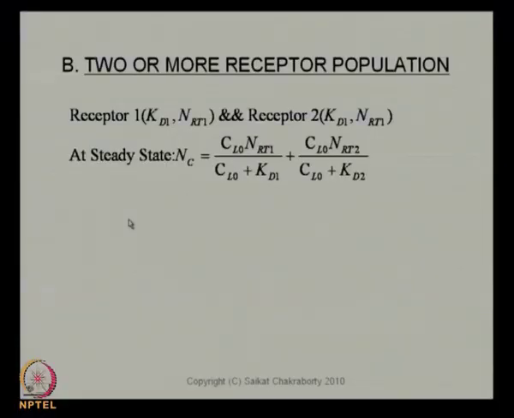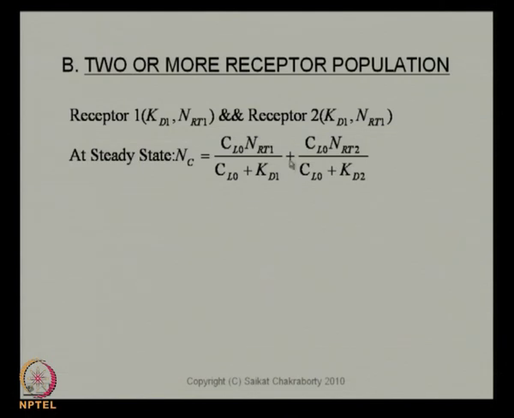The case that we talked about was when a receptor of a particular kind has a much higher binding affinity than the receptor of the other kind. If I go to the screen now, receptor 1 and receptor 2 bind, and the steady state concentration of the complex is the amount of receptor 1 binding to the ligand plus the amount of receptor 2 binding to the ligand.